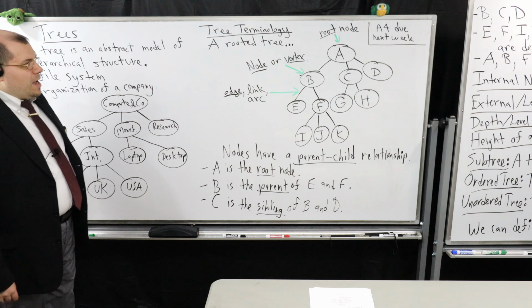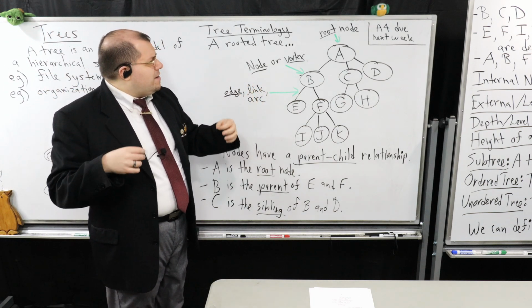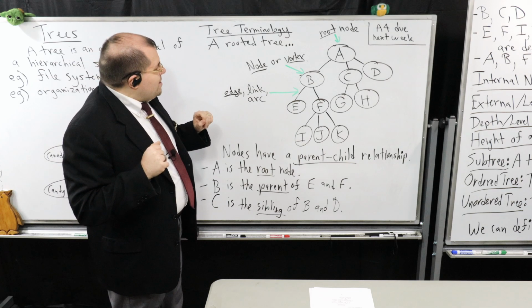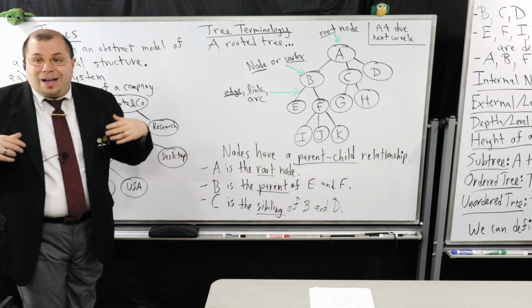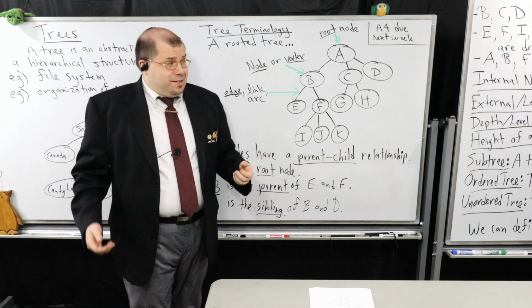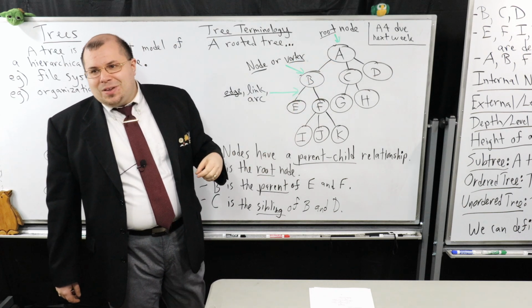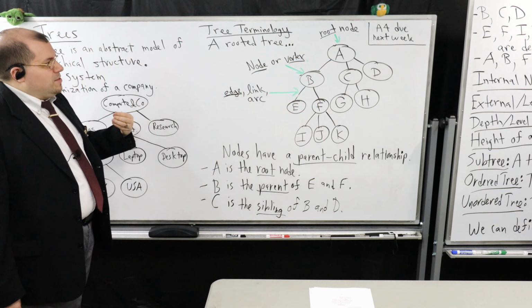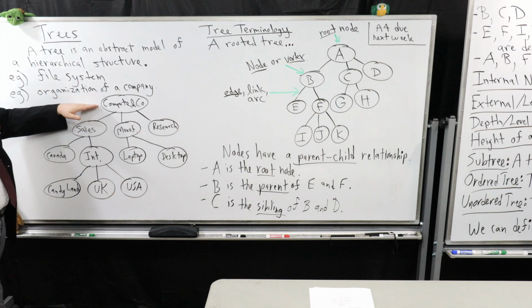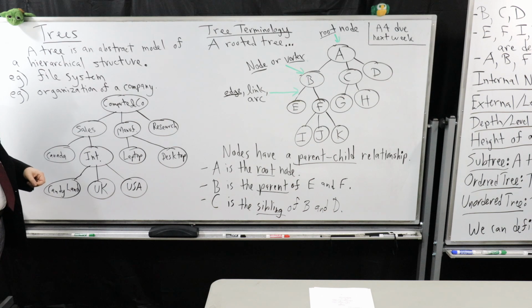We call it that because these so-called trees have a special designated entity, which we refer to as a node, akin to what we talked about with linked lists, for example. We have the so-called root node that's designated. So we call whatever this is the root. Just like Computing Co. here, this is the overall organization at the very top.